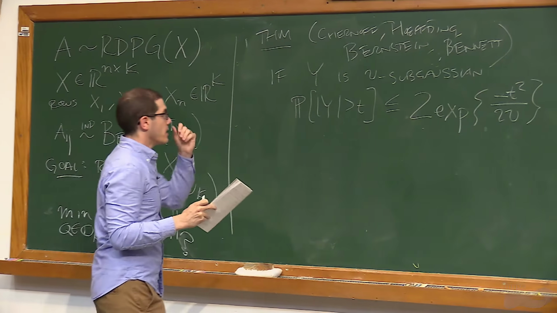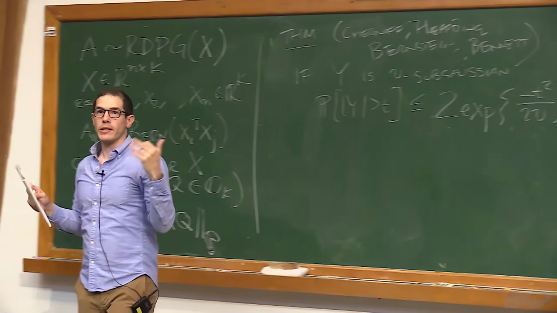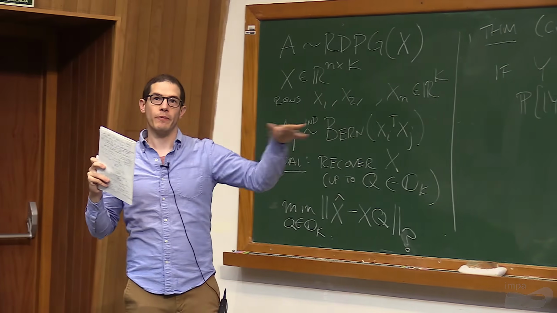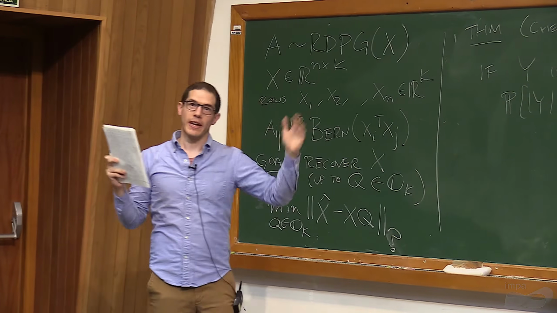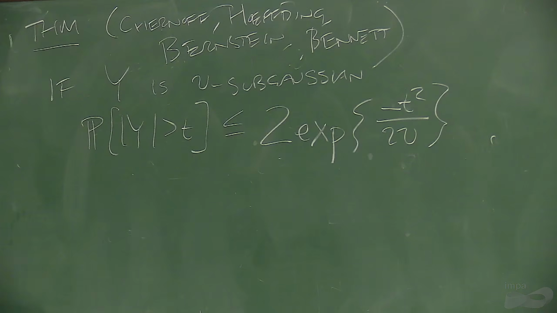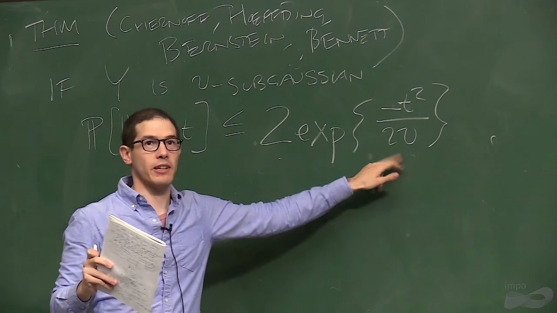I just want to mention that you can relax this sub-Gaussian property to something called sub-gamma, meaning that the tails of your random variable are a little heavier than the Gaussian. They behave more like the tails of a gamma distribution or an exponential. You have to then change this nu to be 2 parameters, and then they both show up in this denominator.